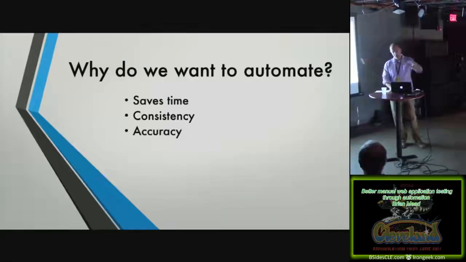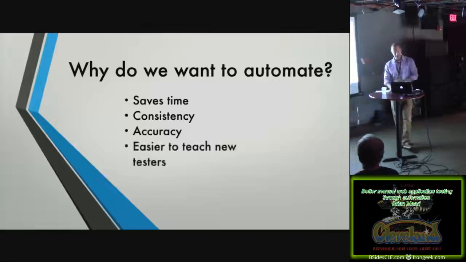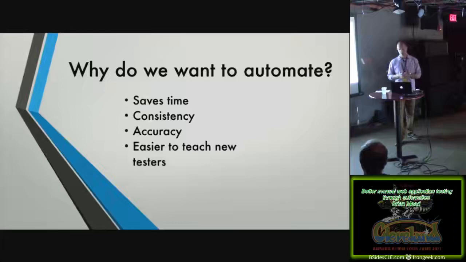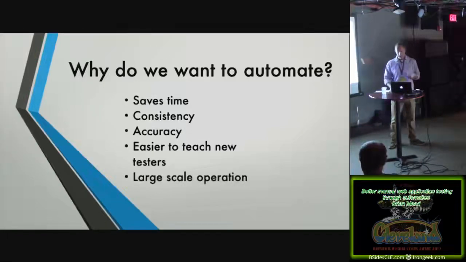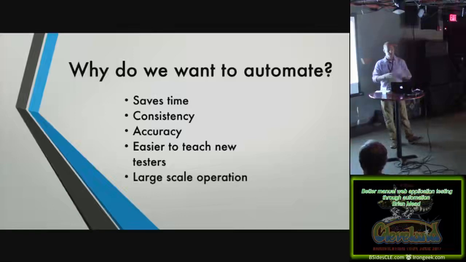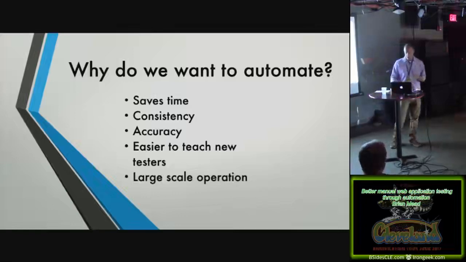So you can go back to the client and you can say, hey, this is what I did because I do this every single time. And it's also easier to teach new testers. So if someone's just getting into testing web applications, it's a great teaching tool. And again, it scales very well. So if you can do something small, then you can do something large if you've got a good plan in place. Testers are lazy, right?